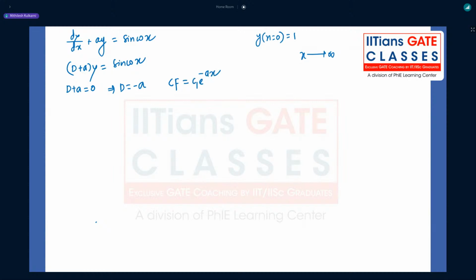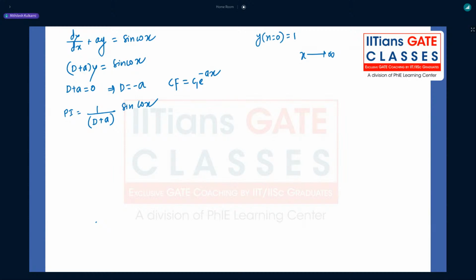Coming towards the PI part, PI will be equal to 1 upon D plus a operating on sine of omega x. But we cannot operate D plus a here, because whenever we have sine and cosine functions on the right hand side, we replace D square with minus omega square in this case.